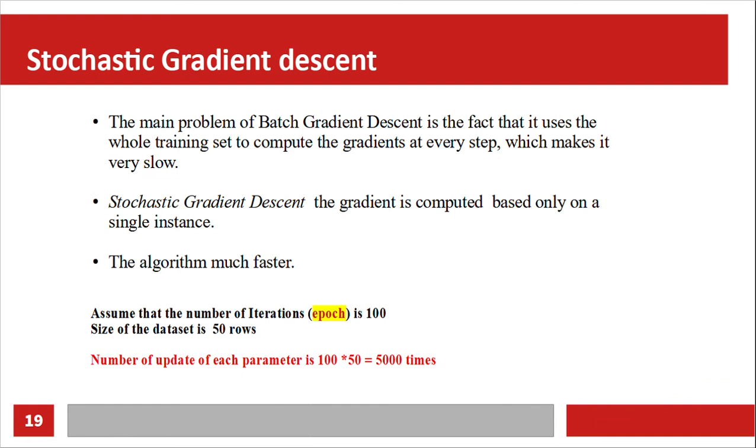So assume that we have 100 iterations, it's the same, and here the size of the dataset is 50 rows. Now for each row we have to update the parameters. So now the number of updates for each parameter will be 5,000 times.